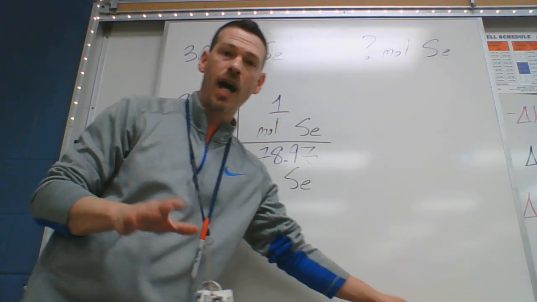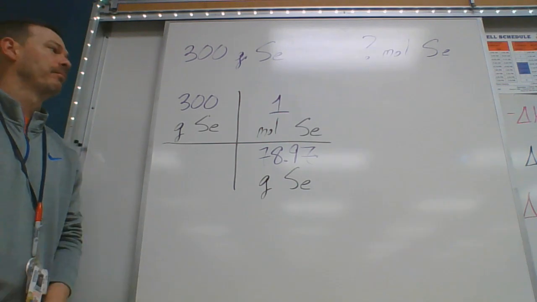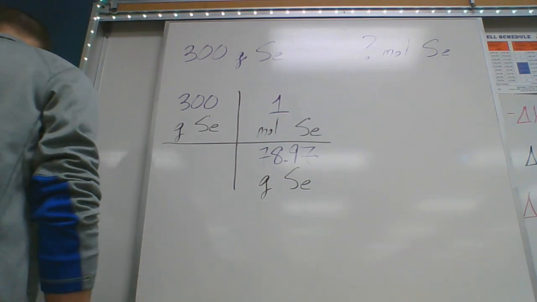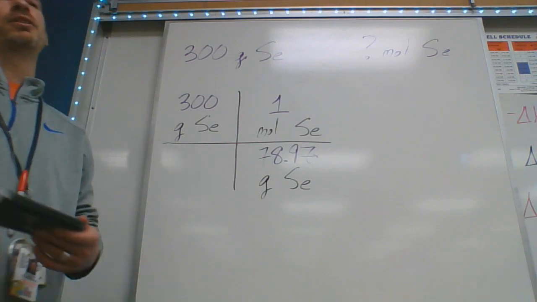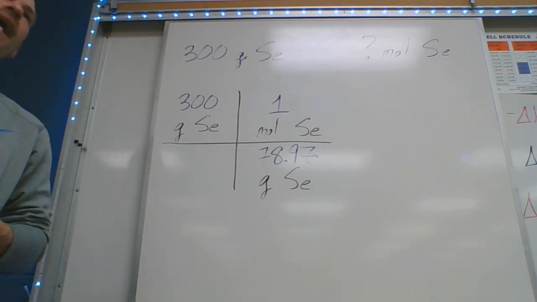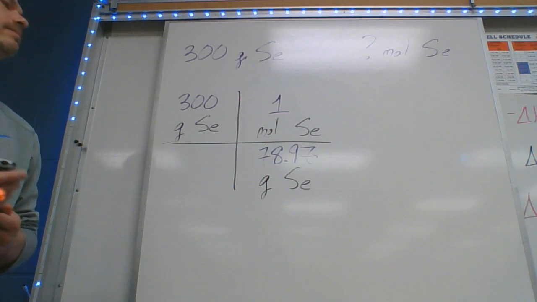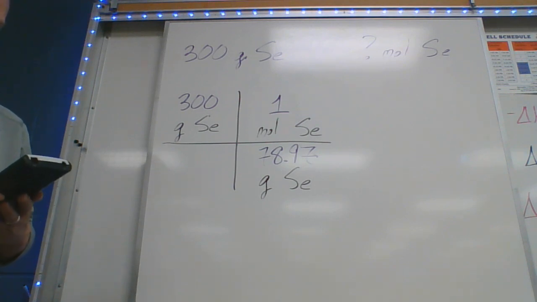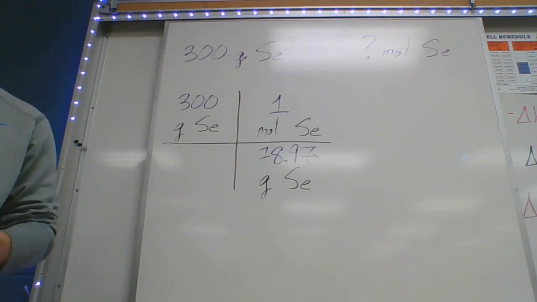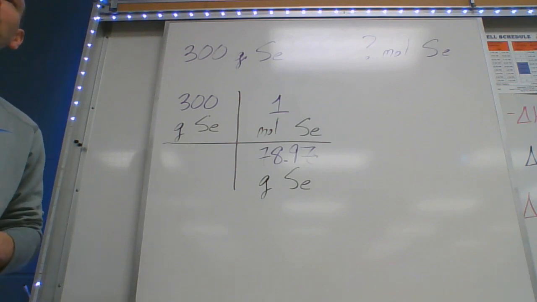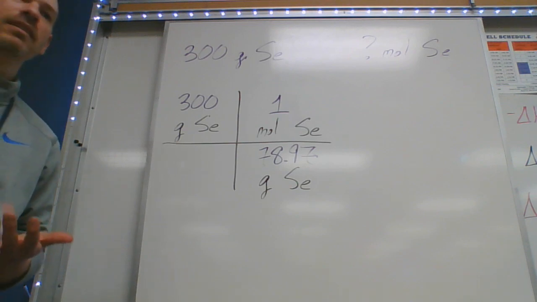Multiply across the top, divide by the bottom. Because there's amendments each year as isotopes change. Careful on your sig figs here.